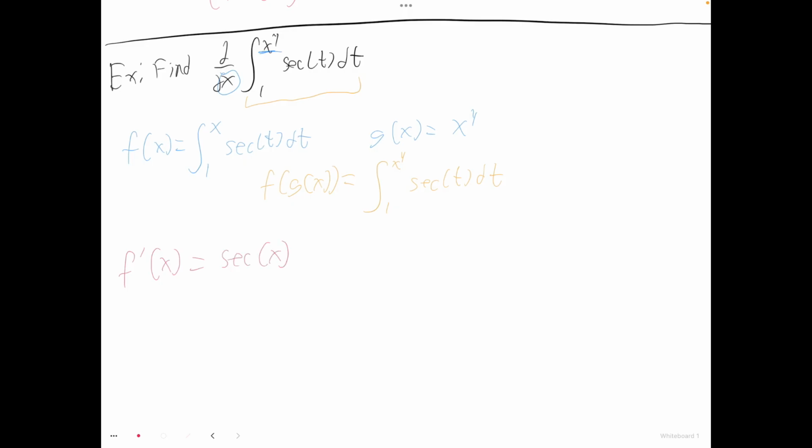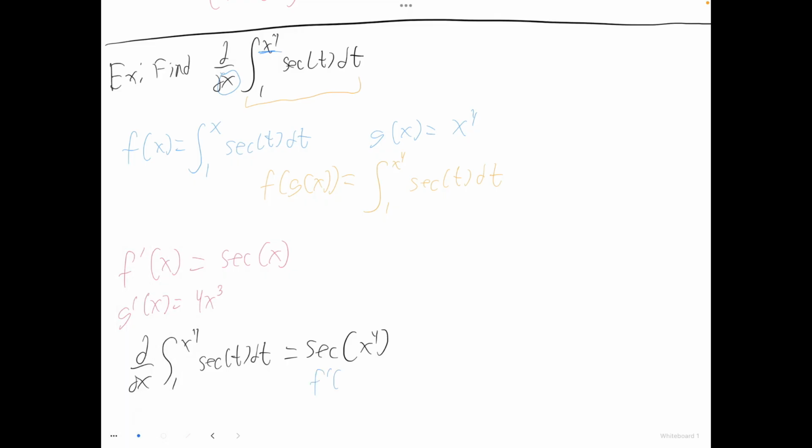So f prime of x is just secant of x, and g prime is easy enough to compute, it's just 4x cubed. And so now the derivative, using the chain rule, of the integral from 1 to x to the 4th of secant of t dt is equal to the derivative of the outer function, evaluated at the inner function. The inner function is x to the 4th, so we have secant of x to the 4th. This is f prime of g of x. I'll write that in a different color.